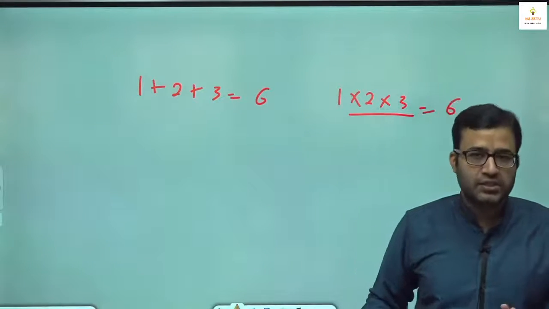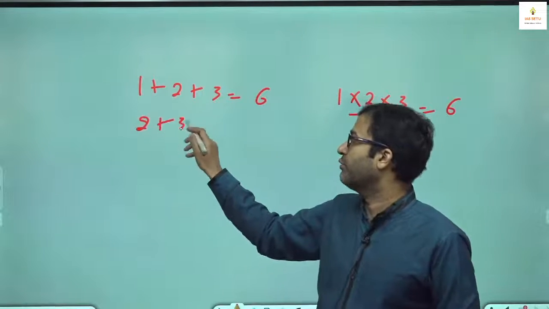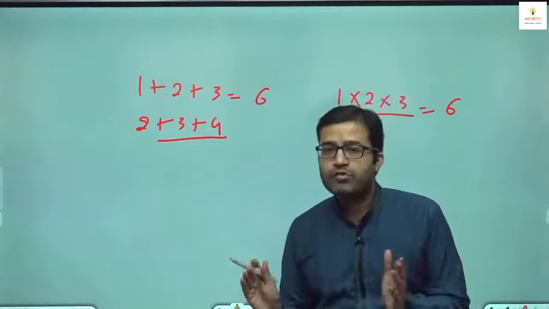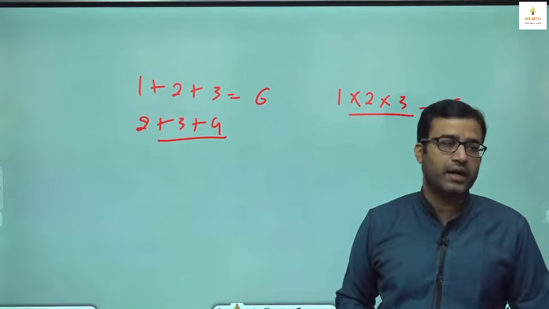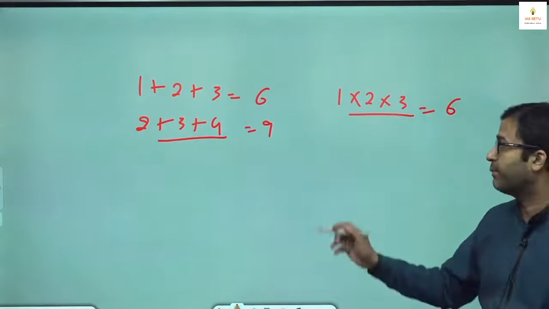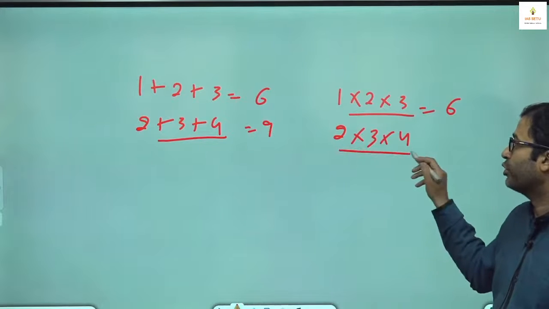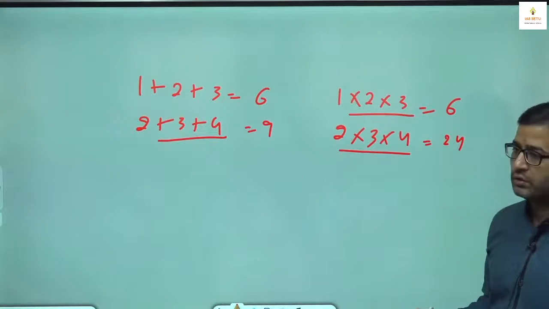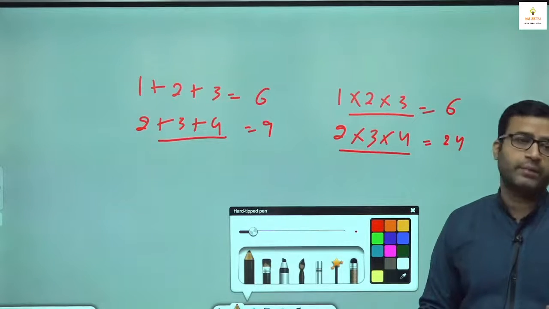You can check the next one manually, like 2, 3, 4. But when you add, the value changes less. The sum will only increase a little, 9, but when you multiply 2 into 3 into 4, you get 24. So in case of natural numbers, there is only one such triplet.